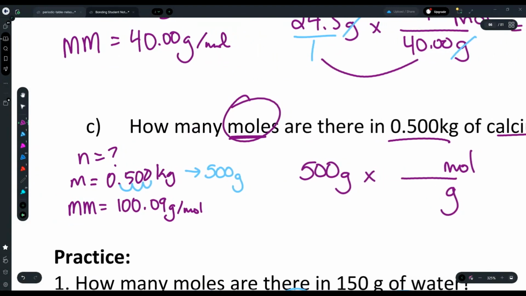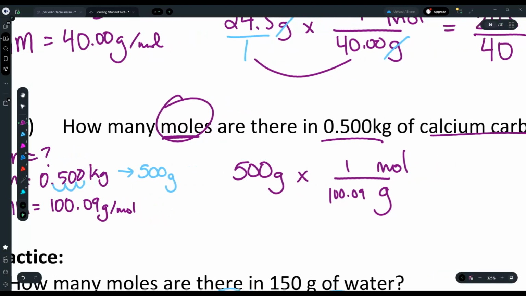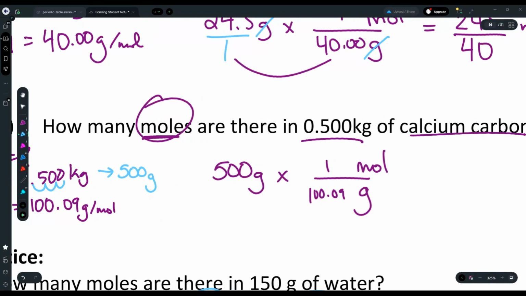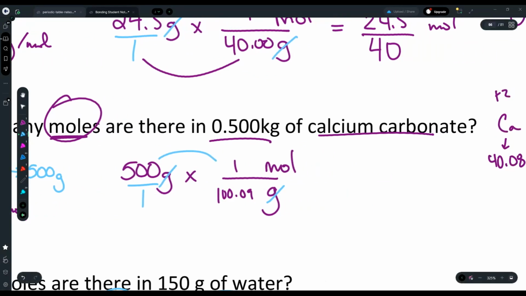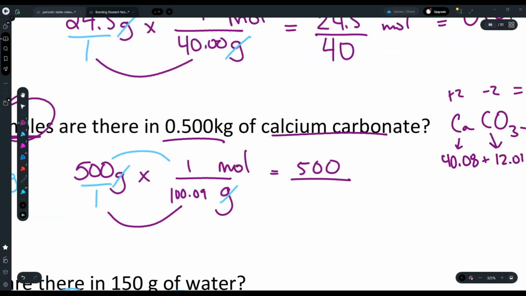My molar mass was 100.09, 1 mole. Grams on the top and the bottom cancel out. 500 times 1 is going to be 500. 1 times 100.09 is going to be 100.09.